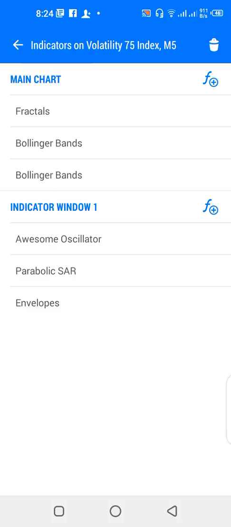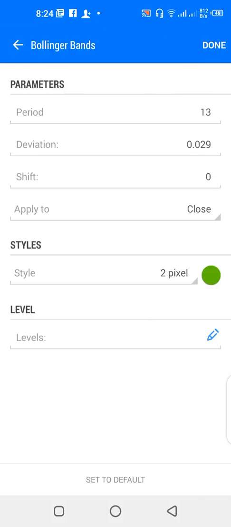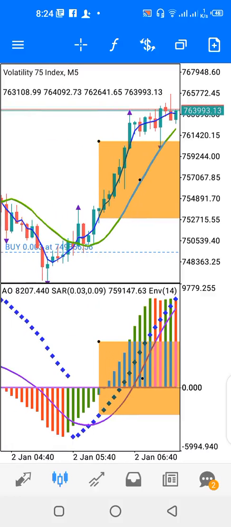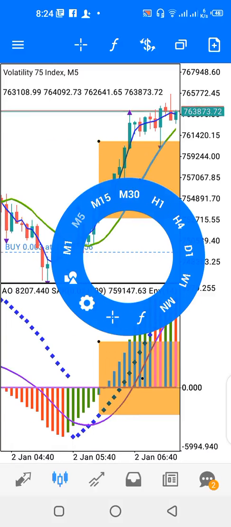Moving on, another Bollinger Bands. The period is 13, deviation is 0.029, shift is 0, apply to close. Color is green.